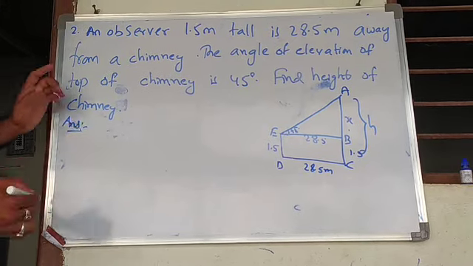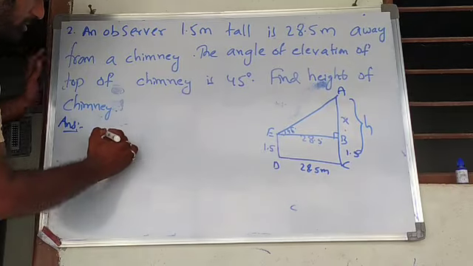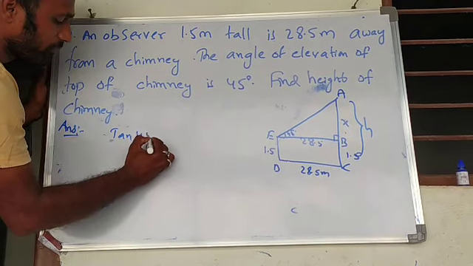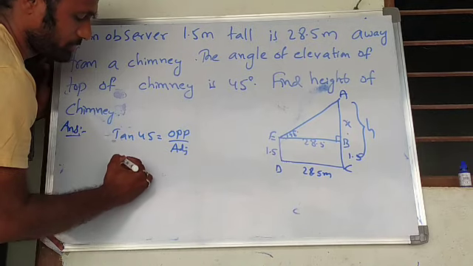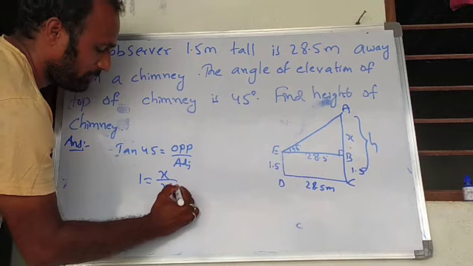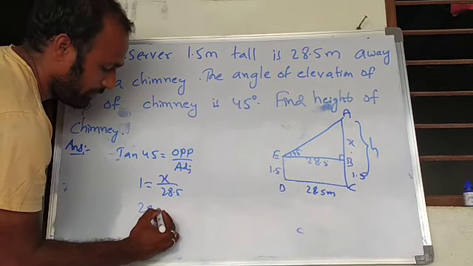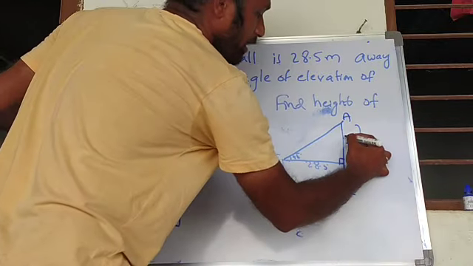Here I know the opposite side, I know the adjacent side, so I can use tan directly. So tan 45 is opposite by adjacent. Tan 45 is 1. Opposite side is x by 28.5. So x will be 28.5. So I can put here 28.5.